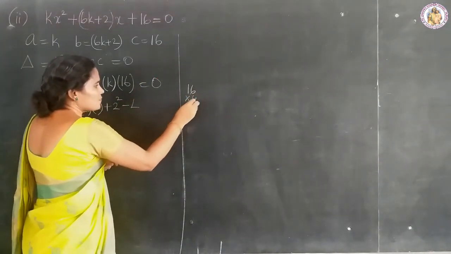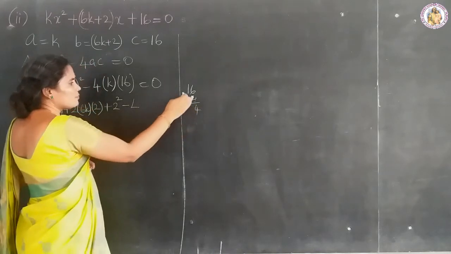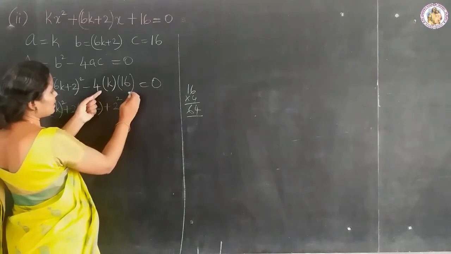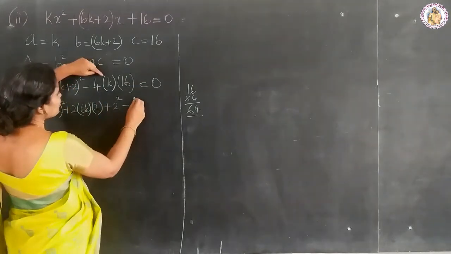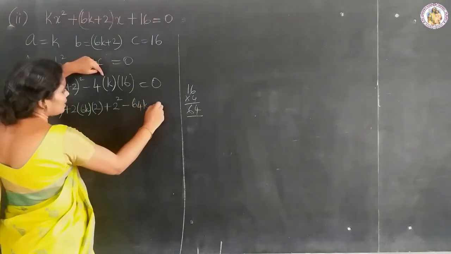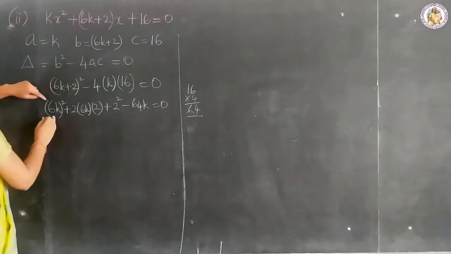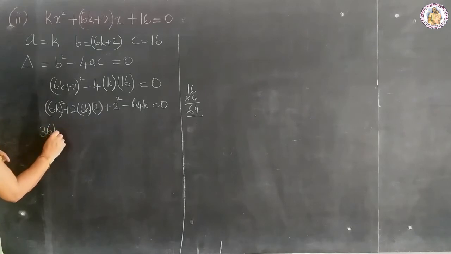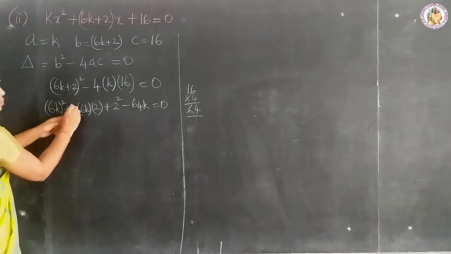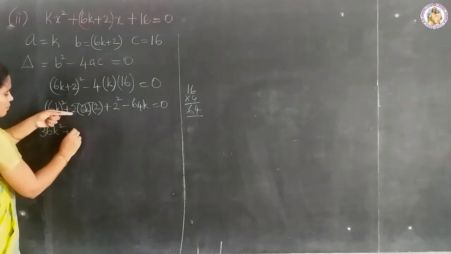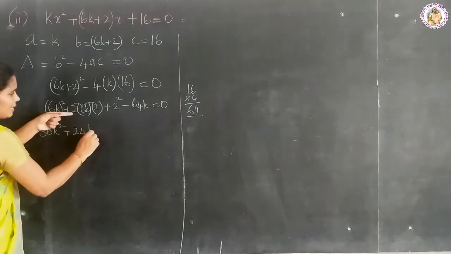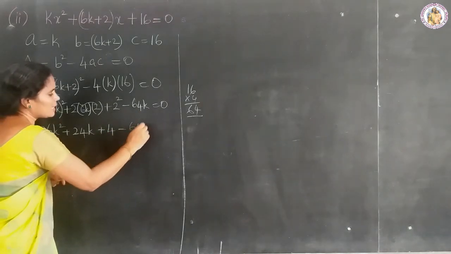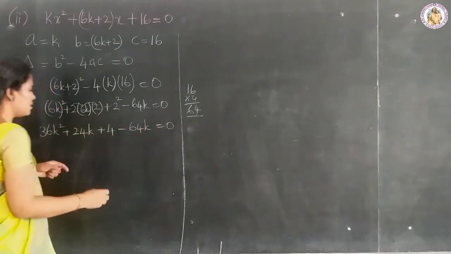Now 6k plus 2 whole square, that is a plus b whole square, a square plus 2ab, that is 6k into 2, plus b square, that is 2 square, minus 4 into 16. 16 into 4, 6 fours are 24, remaining 2, 1 four is 4, 5, 6, 64. So 64k is equal to 0. And in the next step you can see 6 into 6, 36k square plus 6 twos are 12, 12 twos are 24, so 24k plus 2 twos are 4 minus 64k is equal to 0.